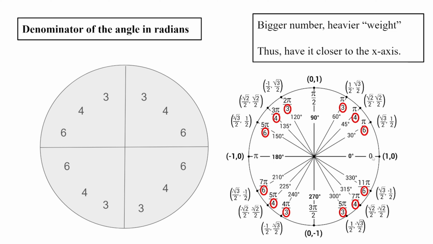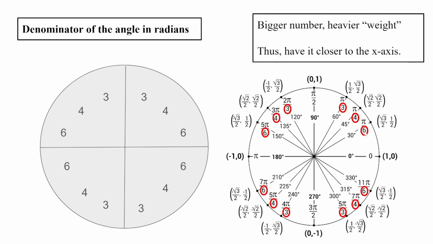Except for, of course, right here and right here, but we memorized those earlier. So these are the radian values, right? So we think 3, 4, 6. Whenever we want to think about the denominator, where is it sitting? Is it in the middle? Is it the one closest here, or is it here?